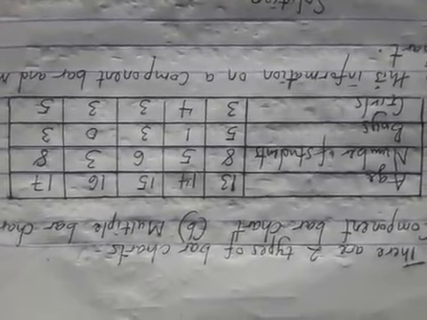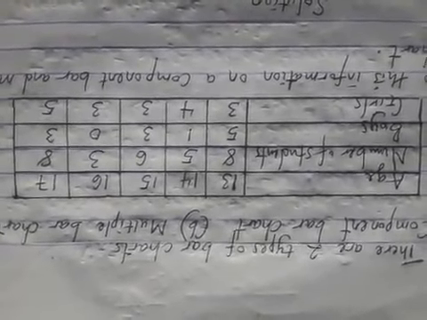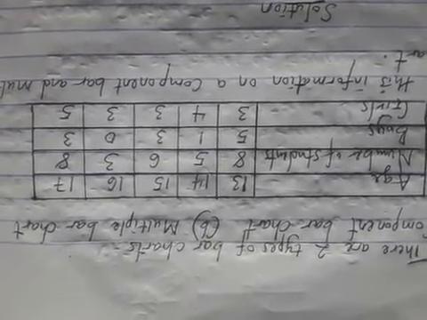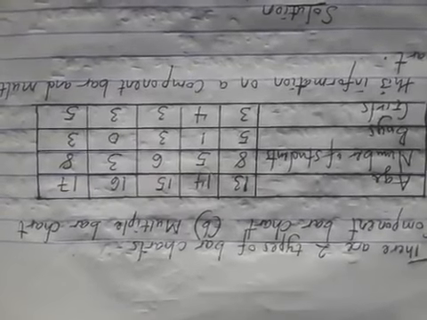And when we are talking about multiple bar charts, according to the name, it's talking about more than one bar. For example, if I ask you to tell me the number of students you can find in JSS1, you can go and come back and tell me that the number of students you can find in JSS1 are 14.